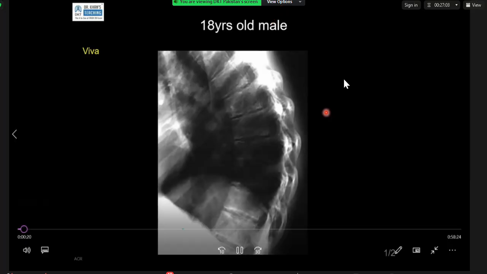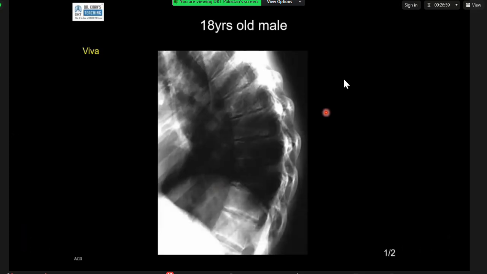Besides this, I'm also suspecting small Schmorl's nodes at a few of the vertebral levels. So I believe that this is a case of Scheuermann's disease.